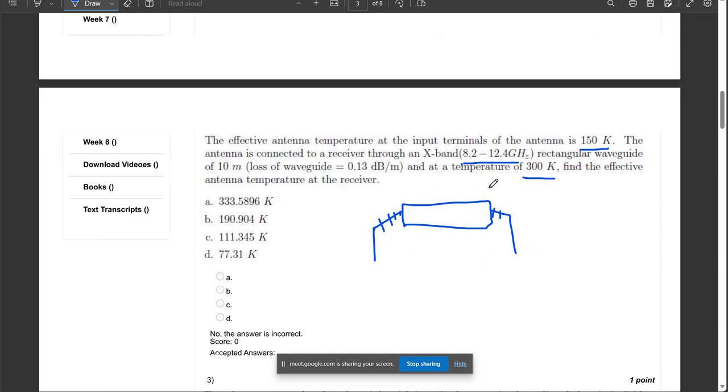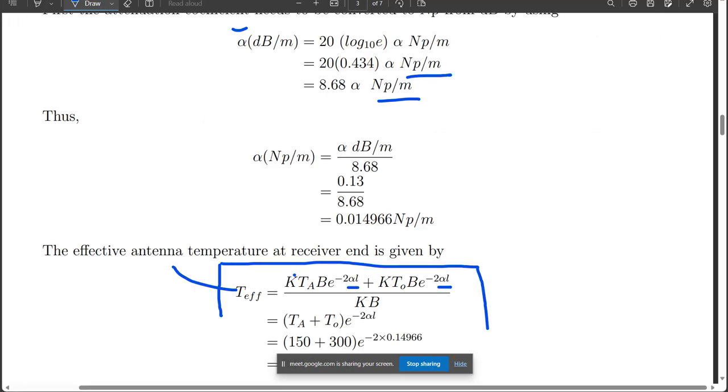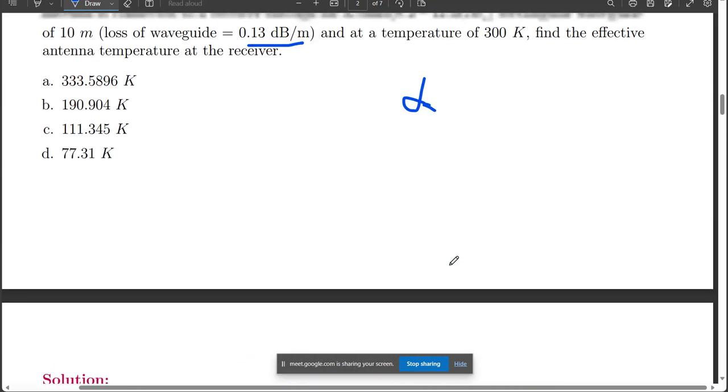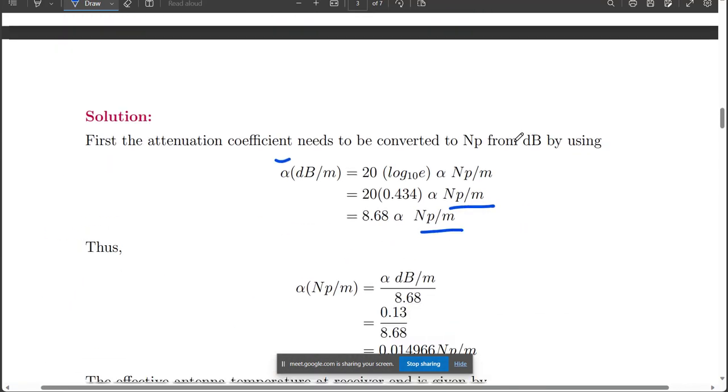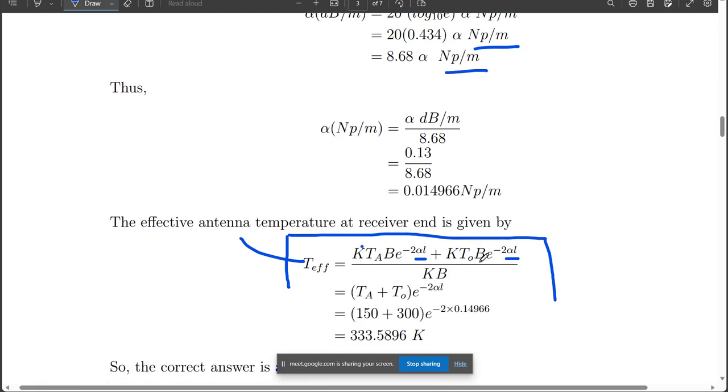They are connected with a rectangular waveguide of 10 meters. So it is not in free space, it is in a rectangular waveguide of 10 meters with loss. So here you have to put that value. That temperature is how much? 300 kelvin.